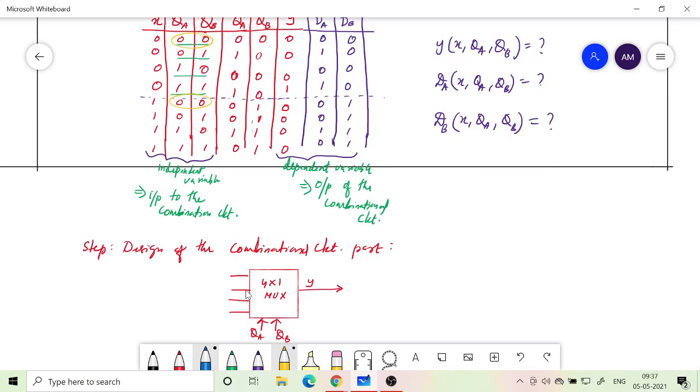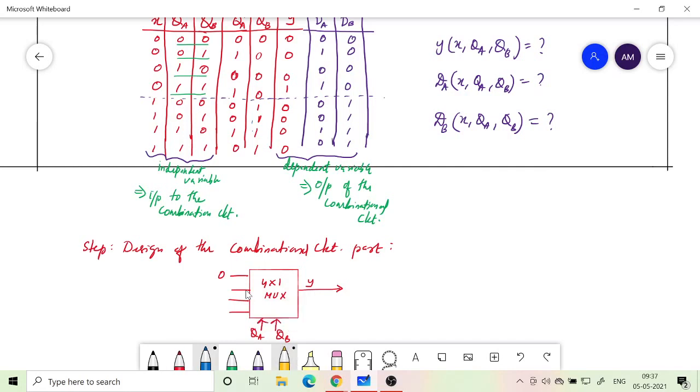So when QA QB is 0, what is my X and Y relationship? Y is equal to 0 when X equal to 0, and Y equal to 0 when X equal to 1. So that means it doesn't depend upon X, it is always 0 when QA QB equal to 0. So I can give a 0 at the input.